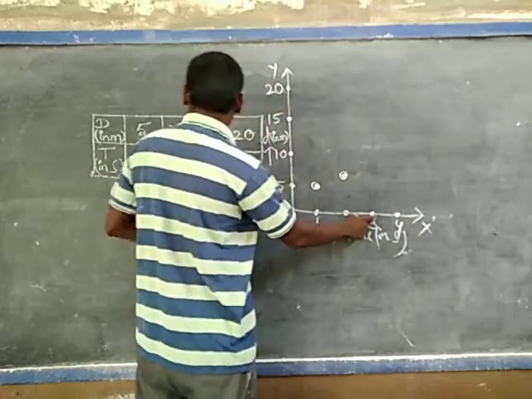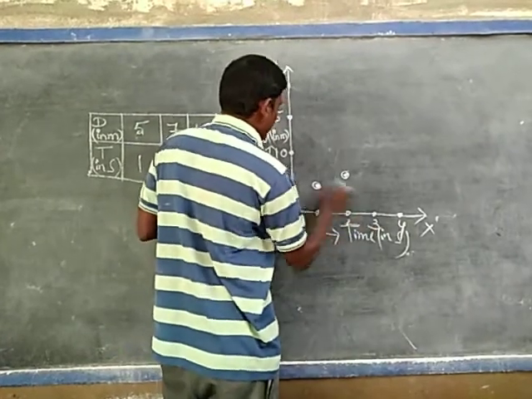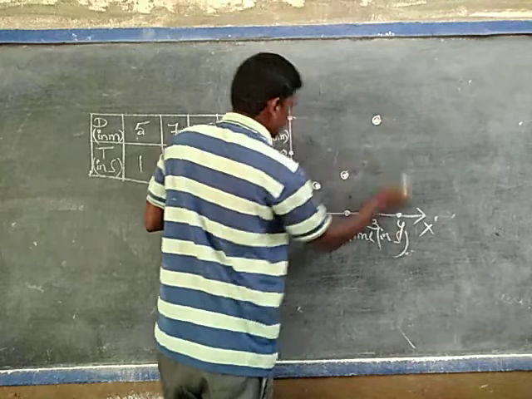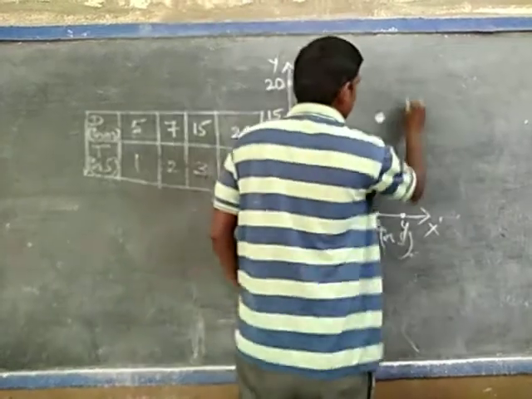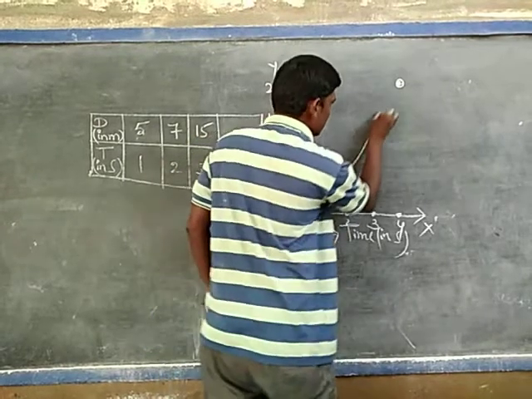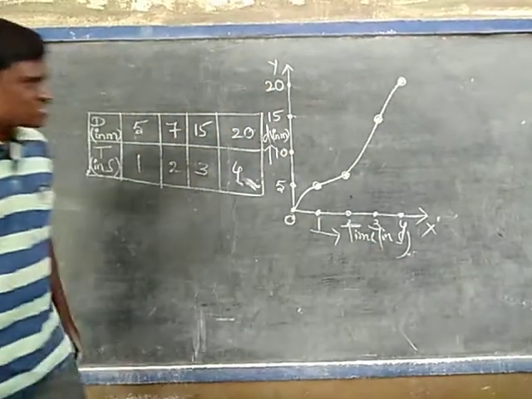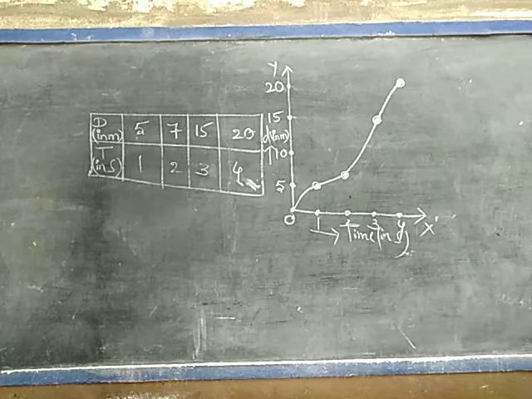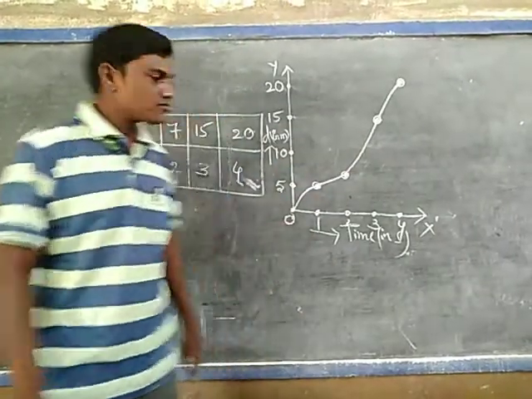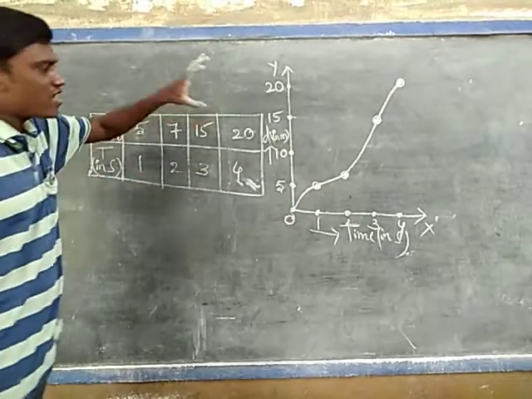Next one, 3, 15. 3, 15 means here. Next, 4, 20. That's what we are observing. So is it a straight line? No, it is not a straight line. It is a curved one. That means the curved line is represented.